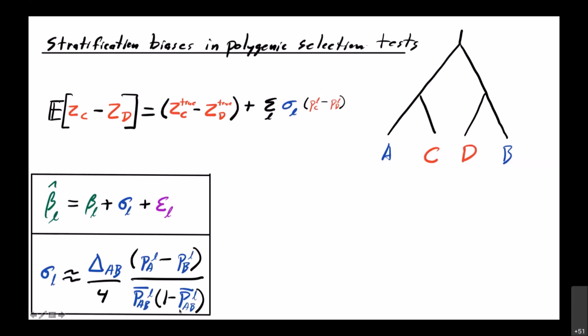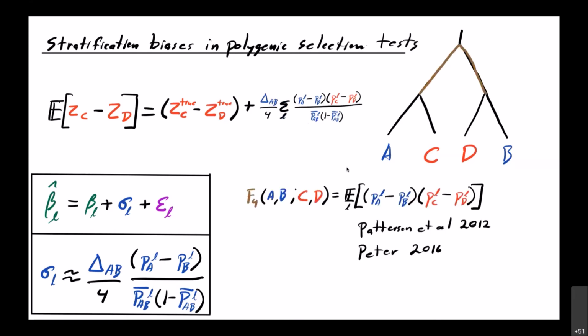So if we take our expression for the bias here, and we insert it into this sum and pull out in front the terms that aren't indexed by L, we get a term that looks perhaps somewhat familiar if you've paid any attention to the demographic inference literature over the last 10 years, in that it looks very similar to an F4 statistic.